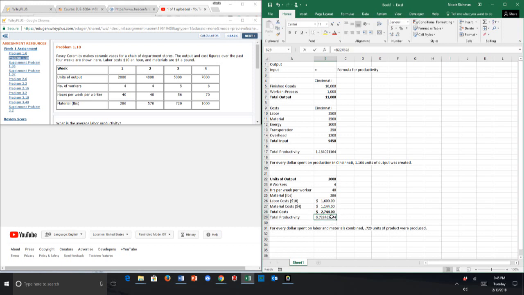Our total productivity is our output divided by our input, and we want that to be a number and not a dollar amount. So we say for every dollar spent on labor and materials combined, 0.729 units, or 0.73, of product were produced. So I hope this helps you understand our formula for productivity and some of the ways productivity can help us solve day-to-day operations problems.